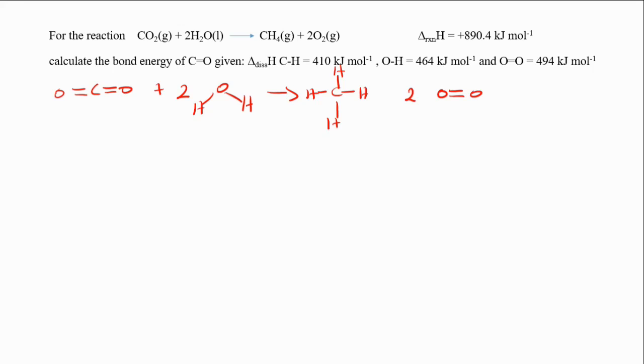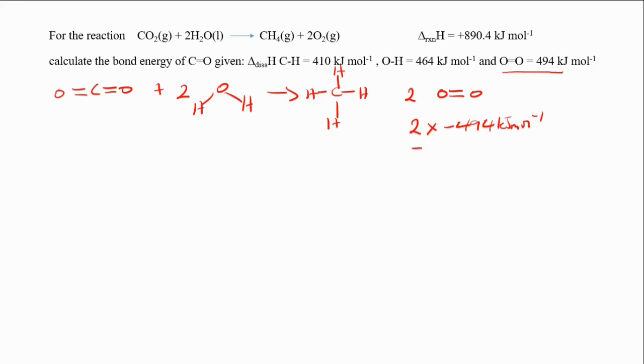Now the formation of bonds will cause the release of energy. If we form 2 moles of oxygen double bonds, then it's 2 times the energy released. The bond energy is positive since it is energy absorbed, but energy released will be 2 times minus 494 kilojoules per mole.